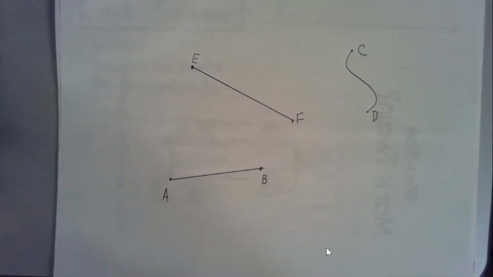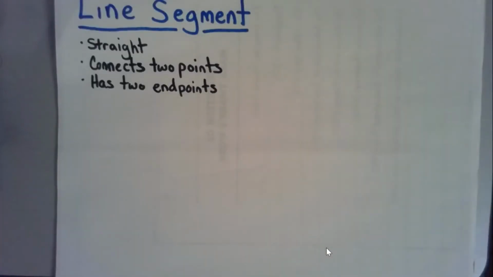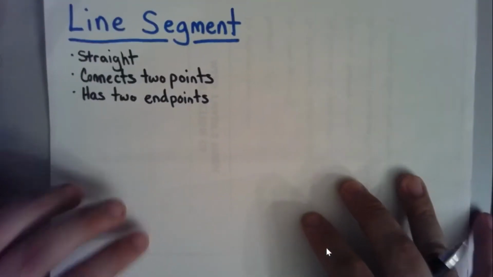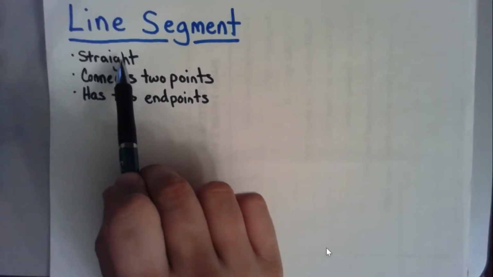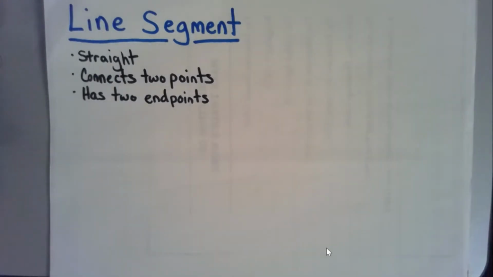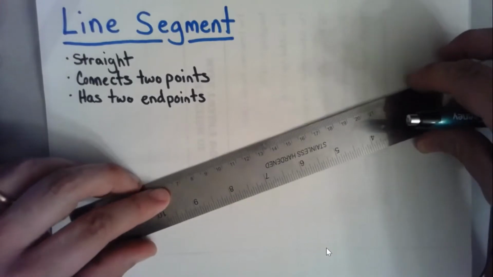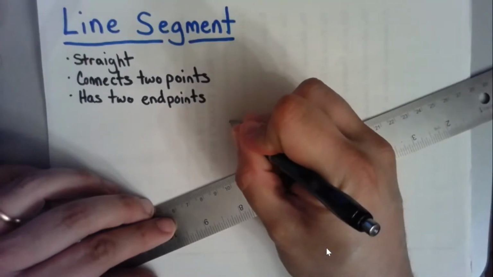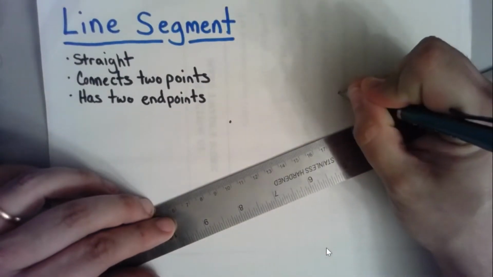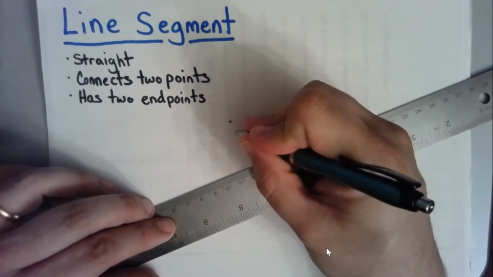Let's learn a little bit more about specifically what a line segment is. A line segment, as we learned about, is straight and it connects 2 points, but it has 2 endpoints. It has a start and a stop. So for example, if I make points, let's see, what did I leave off before?